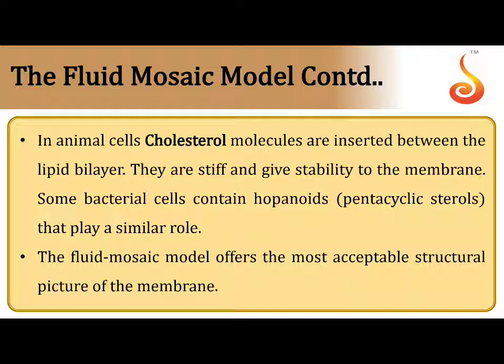Okay, so I'm going to show you how a cholesterol molecule fits in the bilipid plasma membrane, giving it more fluidity, giving it more stability, making it more efficient in employing the permeability definitions.